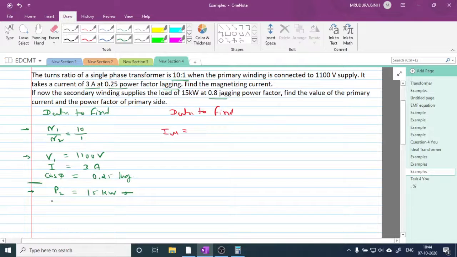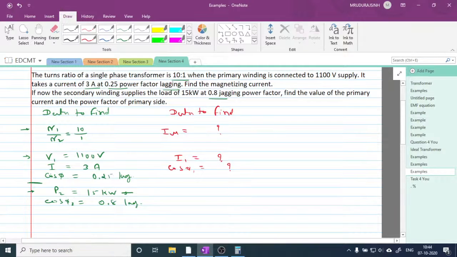So cos phi 2 is equal to 0.8 lagging. Find the value of primary current and the power factor of primary side. Okay, so we need to find primary current and cos phi 1, the primary power factor. So this is what we need to find.